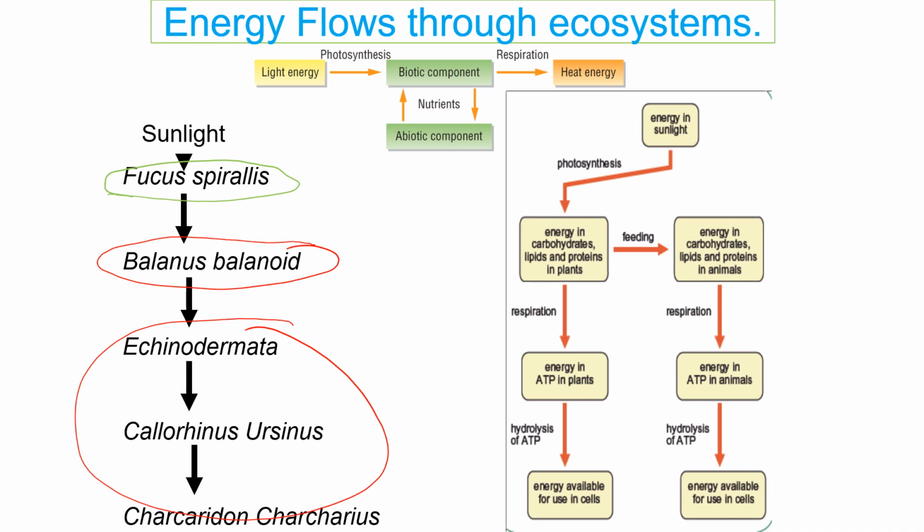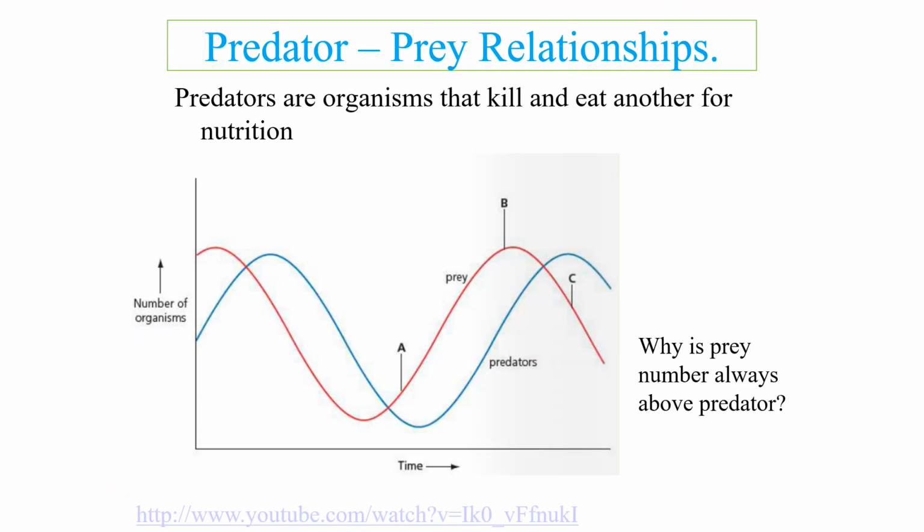And as you go through an ecosystem, lots of energy is lost due to heat loss, due to respiration, due to the fact that animals don't eat 100% of the other animal, and due to the fact that animals produce waste. And therefore food chains are limited, but we'll come back to that in a moment.